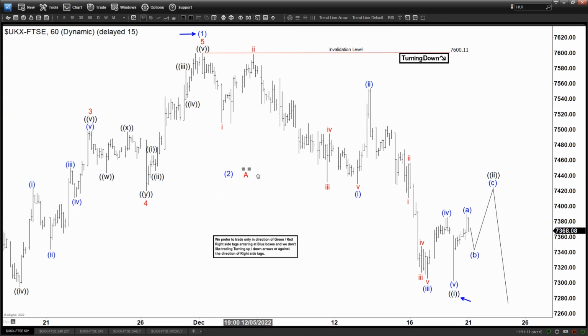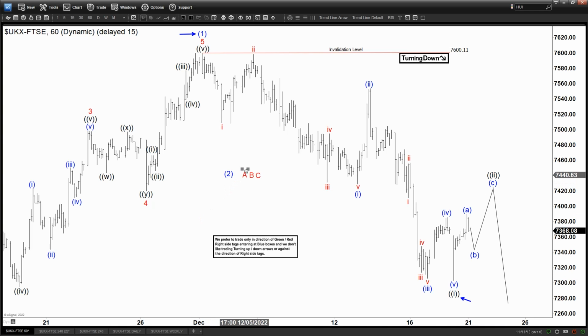So in this case it is an ABC, and within the A, because A is five waves, this is your wave 1 of A. So we are ending 1 of A here, and we should be getting a rally to correct this decline. The rally should fail and continue to go lower, and we are still within wave A, within this wave 2.